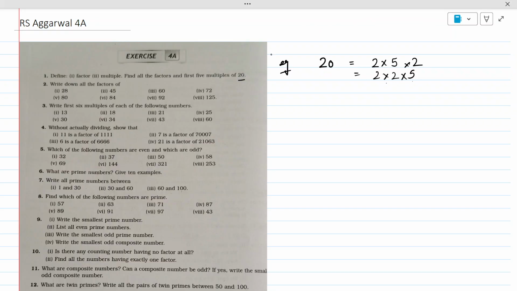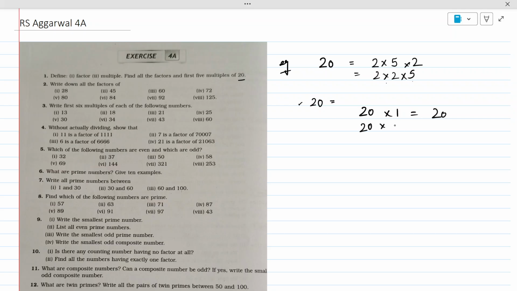And then we have multiples. I'm just writing multiples here. Multiples are the numbers which are obtained by multiplying that number with another whole number. So if I want the multiples of 20, it will be 20 multiplied by 1, which is 20 only. 20 is the first multiple of 20.